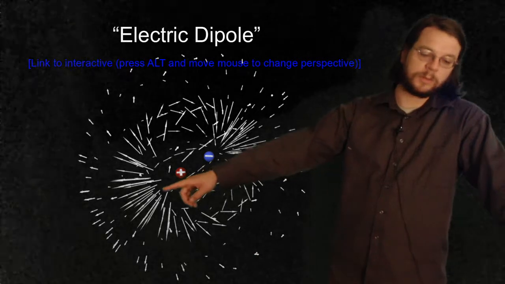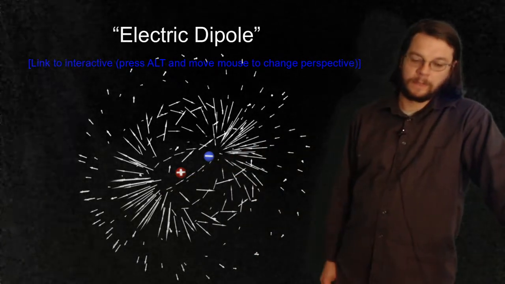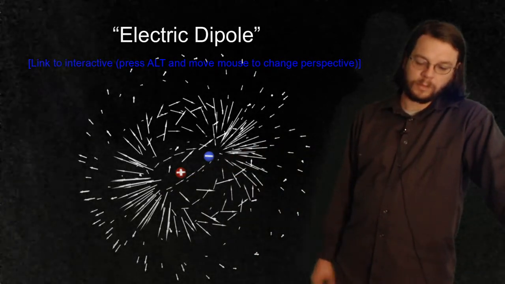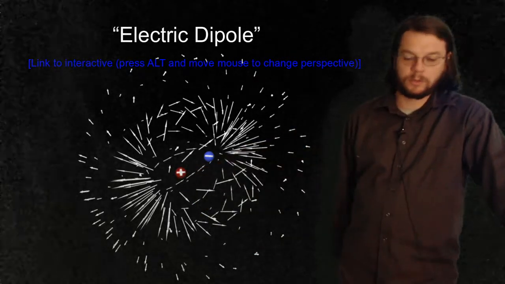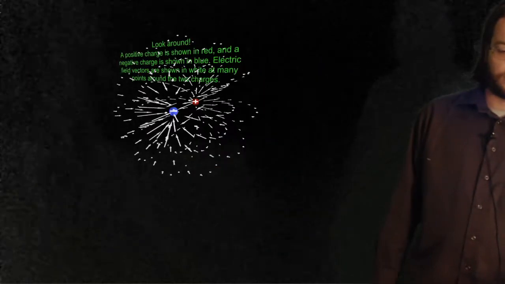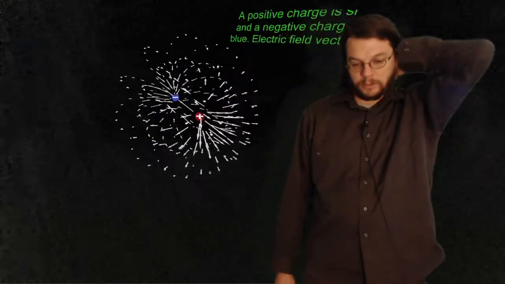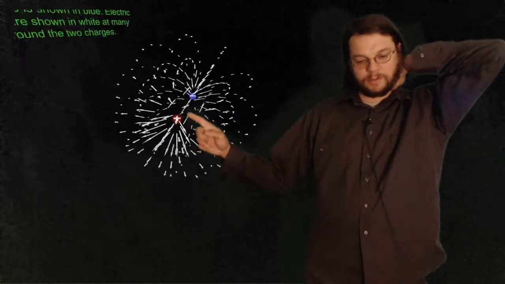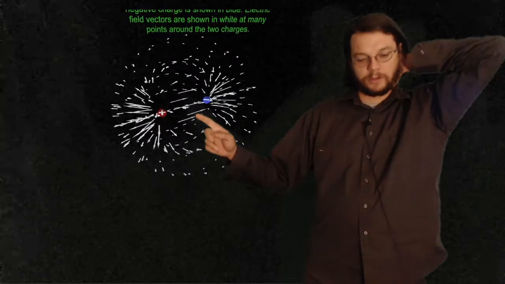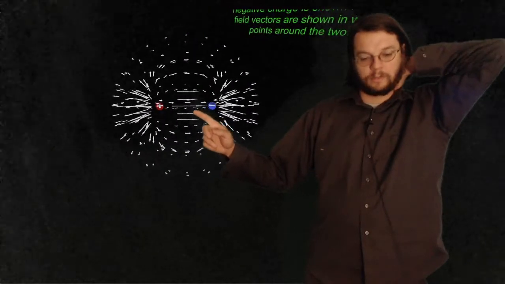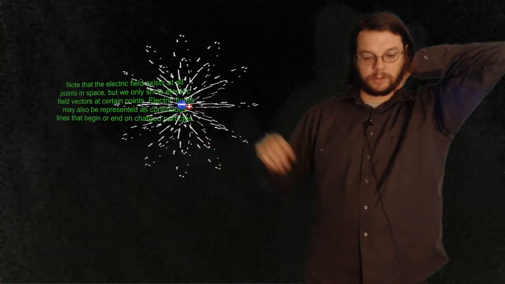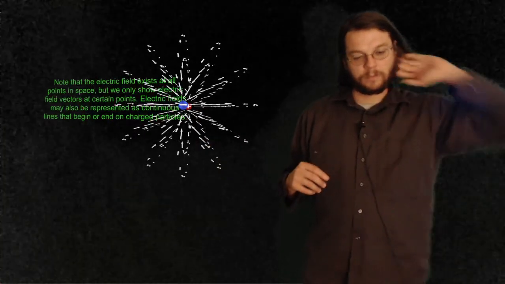We did try to go to the trouble of making the arrows a little bit longer, because it really is stronger the closer you are to these charges. So you can check that out if you want. This is a video of what that looks like. A nice part about the video is that you do see the vectors in the middle, because in the middle the electric fields are going to be particularly strong.